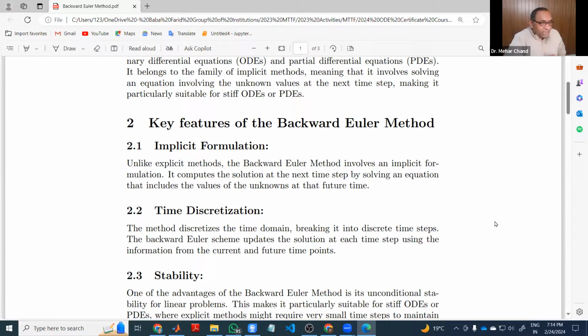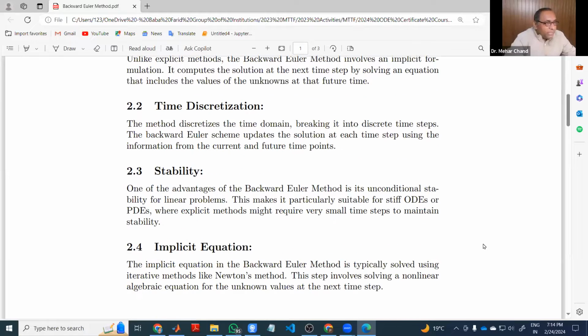The backward Euler scheme updates the solution at each time step using the information from the current and the future time points.